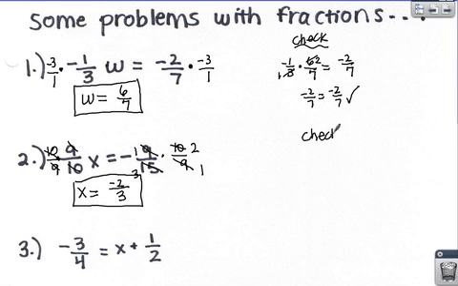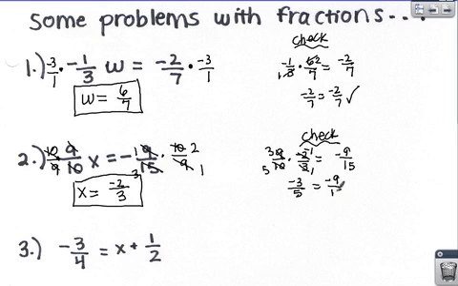Now to check. I have 9/10 times negative 2/3, which should hopefully equal negative 9/15. I cross-reduce. And I get negative 3/5 equals negative 9/15.